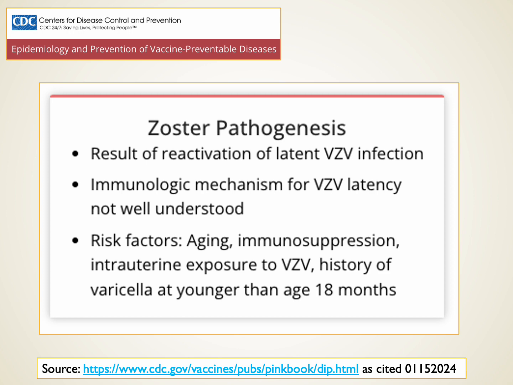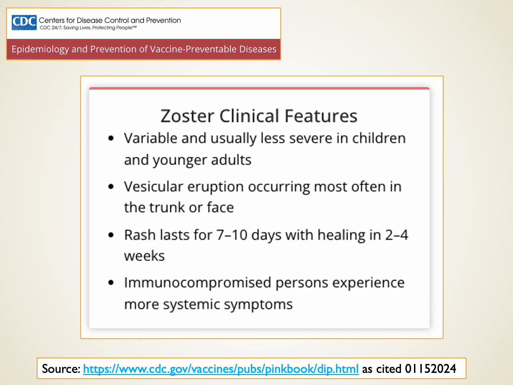It results from a reactivation of an earlier varicella infection. Risk factors are older individuals and individuals who are immunocompromised. It presents typically as an eruption, often involving the trunk or the face, and we'll talk more about that in derm.